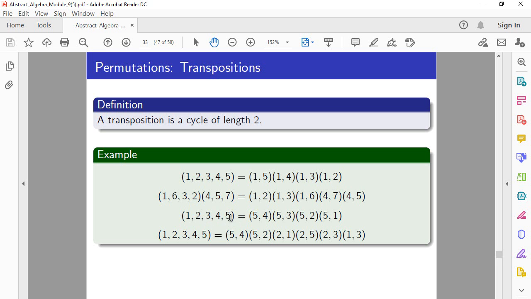You say we can write 5 here, and then we can shift everything to the right by 1 unit. Then 5 would be here, and then 4 would be at the end here, right? So if I put 5 at the beginning, then everything will be shifted to the right. So then you can see that I'm getting 5, 5, 4, 5, 3, 5, 2, 5, 1. So that's another way of expressing the same cycle as a product of transpositions.